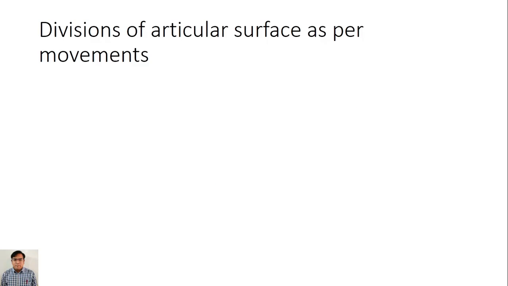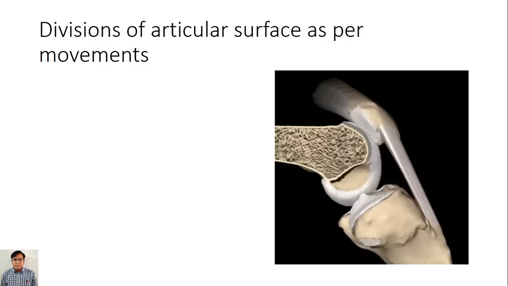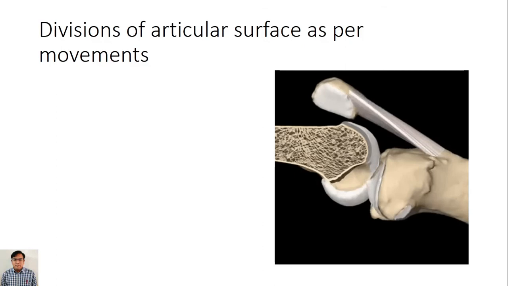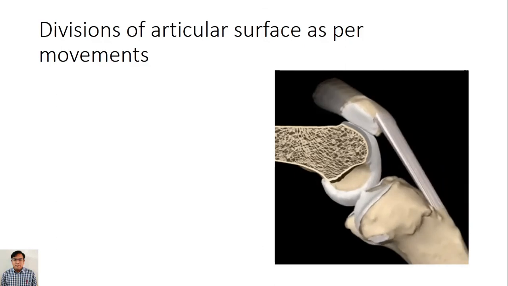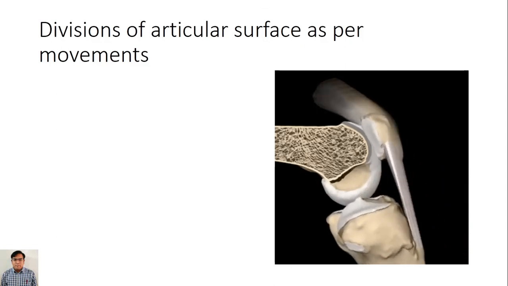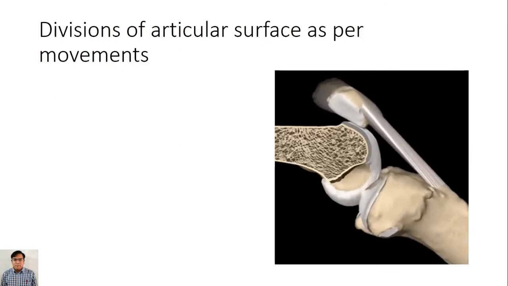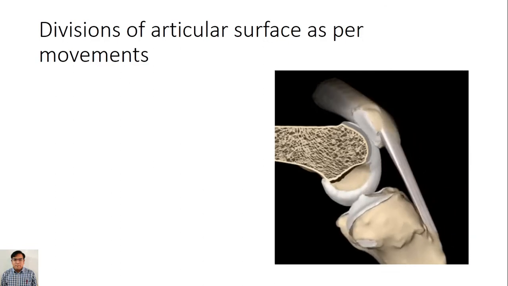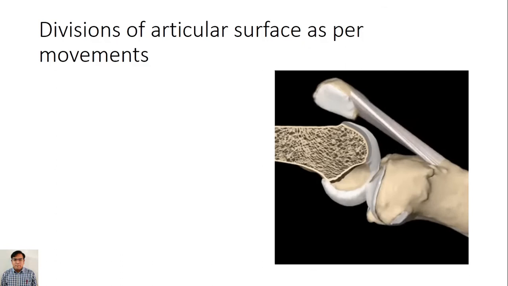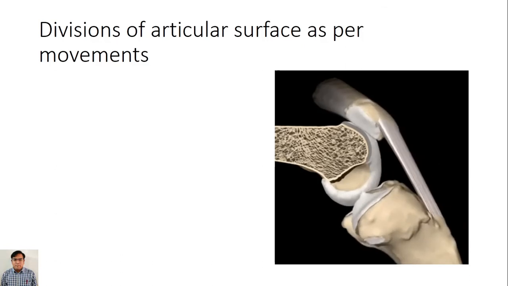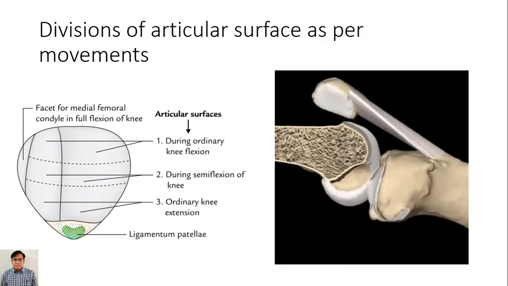Now the divisions of articular surface as per movements of the knee joint. So this is the flexion and extension of knee joint, showing the movements of patella. On the basis of movement, the articular surface is divided into multiple parts as shown in this figure.